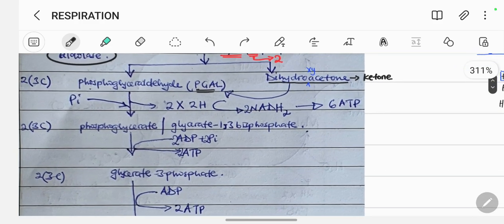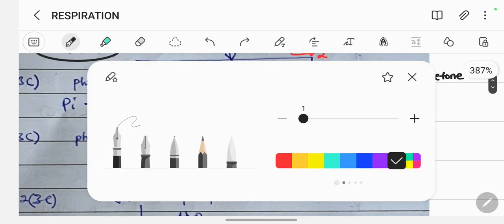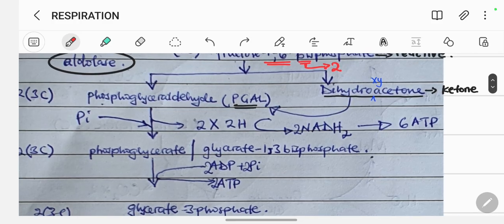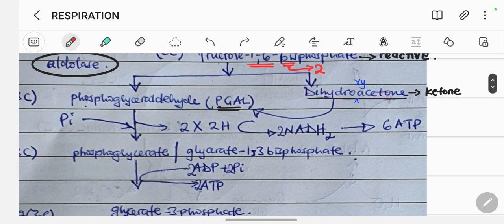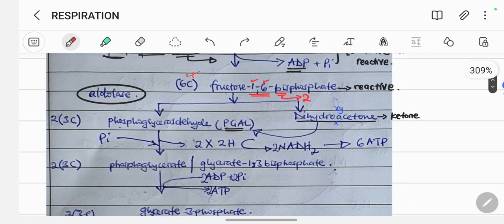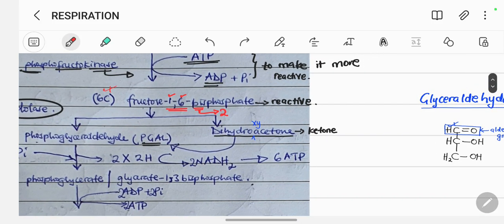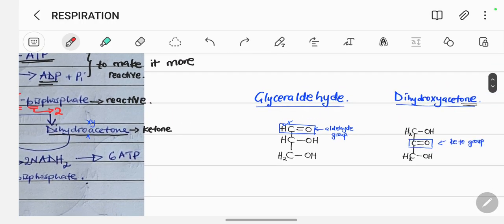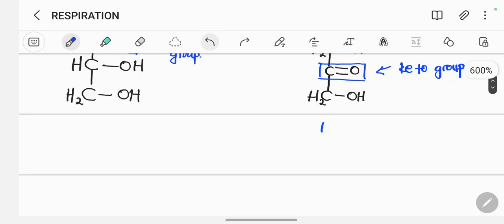So as we do that, I'm moving on to the fact that dihydroxyacetone being a ketone, we very well know that ketones can't be oxidized.